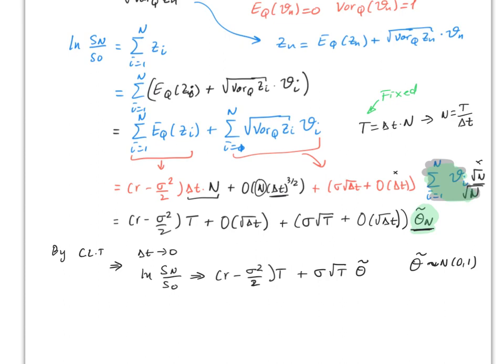Notice that saying that delta t goes to 0 is the same thing as saying that capital N goes to infinity.